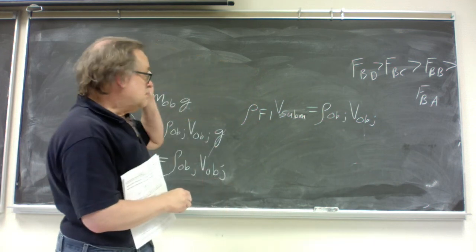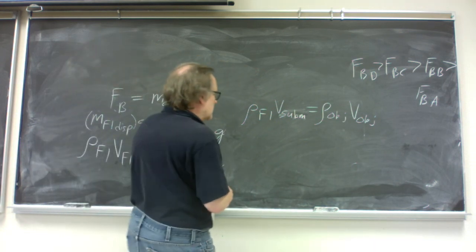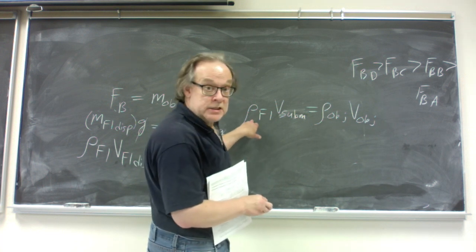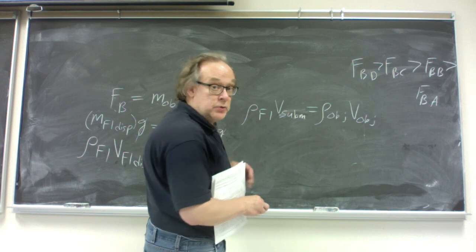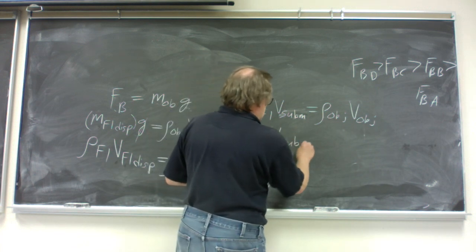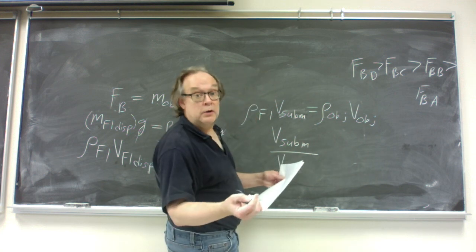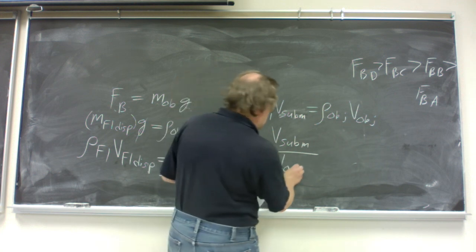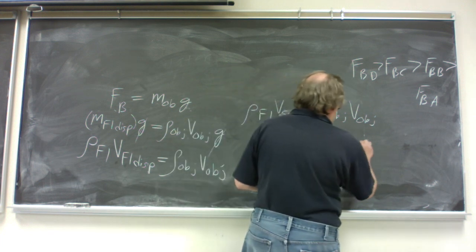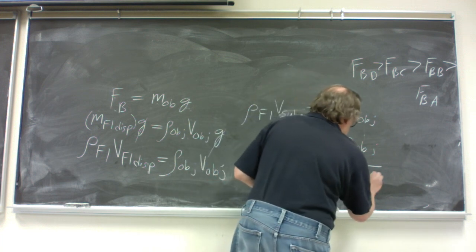Now, divide both sides of the equation by volume of the object, and then divide both sides of the equation by density of the fluid. So now, on the left-hand side, we've got just volume submerged divided by the total volume of the whole object. And here on the right, we've got density of the object divided by density of the fluid.